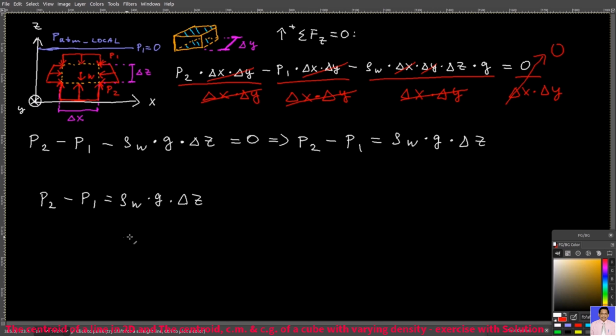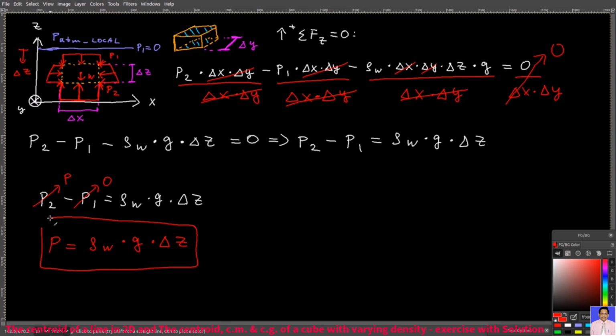And so instead of this equation, the pressure due to water at 0 depth is this one. And then instead of P2, we can have a general variable for our pressure. So you will have pressure equals this times this times this. So as you move down, your pressure increases according to this equation, but now you can see where it comes from.